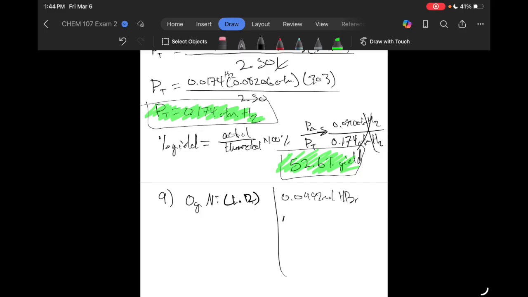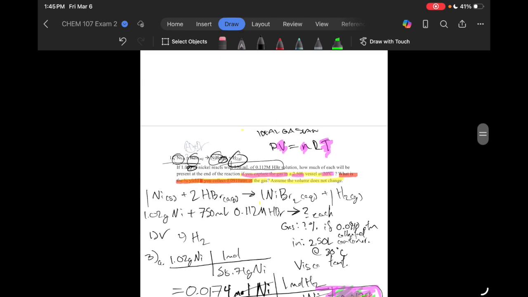So remember our definition: molarity is equal to X moles of solute over Y liters of solution. Okay, well, we know how many moles we have, so we have 0.0492 moles of HBr, and we're going to divide it by our liters of solution. Well, how many liters of solution do we have? You recall from the problem, the volume does not change.